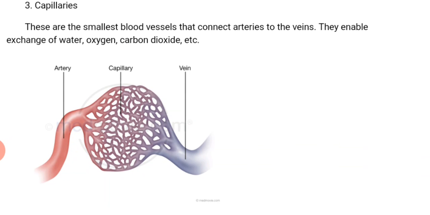This is the picture of the capillaries. You can see the arteries in red, the veins in purple or blue, and between them we see interwoven pipes or a network that connects the two together.